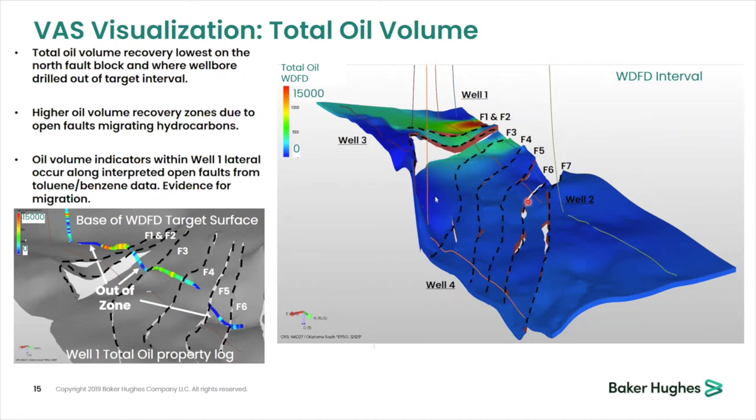The oil volume indicators within the well 1 lateral are occurring along interpreted faults from where we saw those toluene and benzene ratios getting above 3. This is further evidence for migration. You can see where we start diving into low total oil is where we're either out of zone or the faults aren't contributing. So we're out of zone, out of zone.